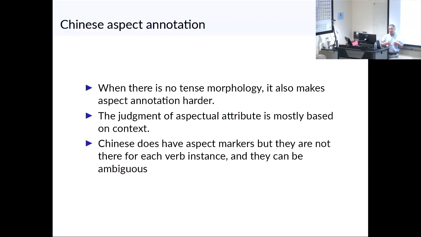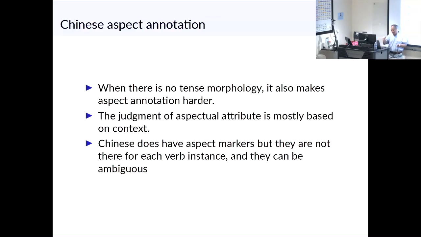For languages that don't have tense, why do you have to assume that you always interpret the time of an event based on the utterance time or the document creation time? There's no principled reason for doing that, right?